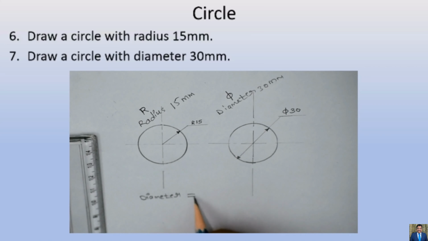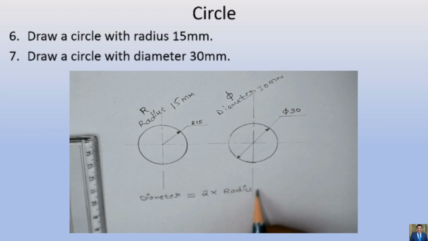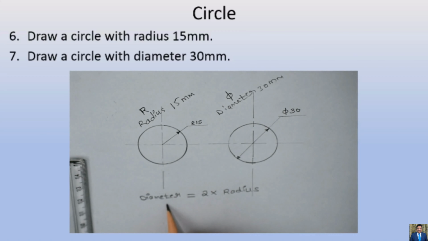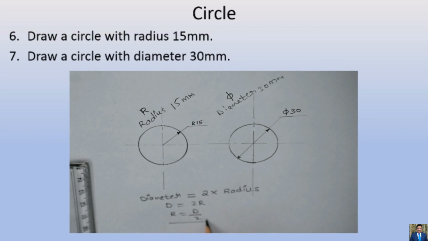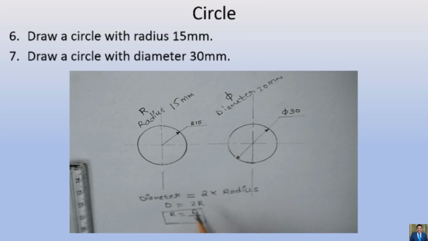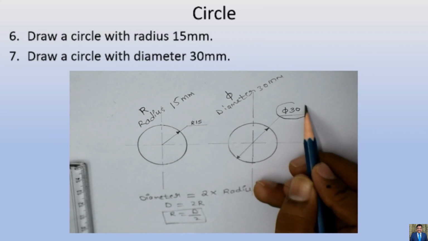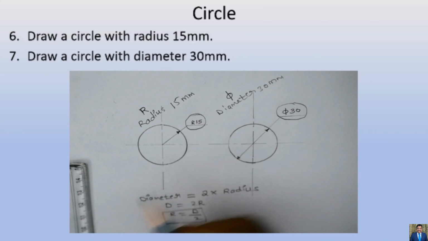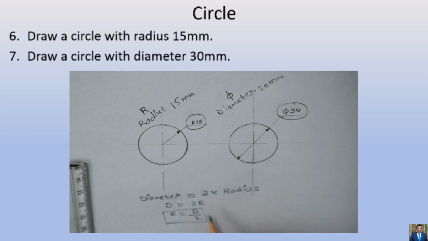Whenever a question is given in the exam, they take the radius wrong. That is why I am showing you here. Diameter is going to be 2 times the radius. D is equal to 2R, or you can say R is equal to D by 2. That means radius is half the diameter. So even if 30 mm diameter is given, you have to take the radius as 15 mm.